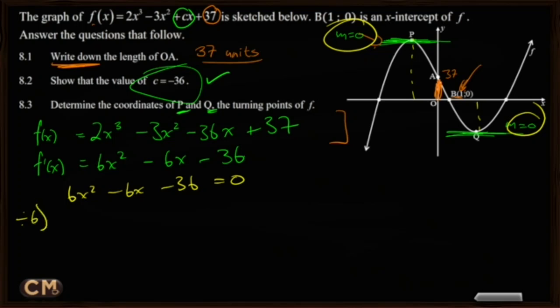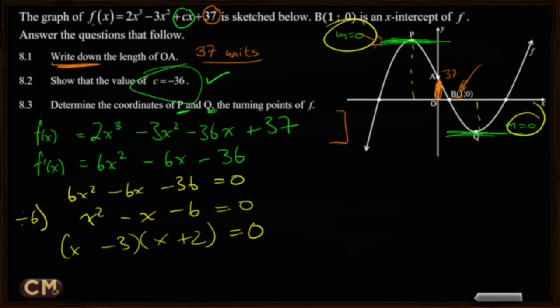I'm going to divide everything by 6. So we'll have x squared minus x minus 6 equal to 0. This, of course, factorizes into (x minus 3)(x plus 2) equal to 0. Nothing stops you from using the quadratic formula. Thusly, x is equal to 3 or x is equal to negative 2.